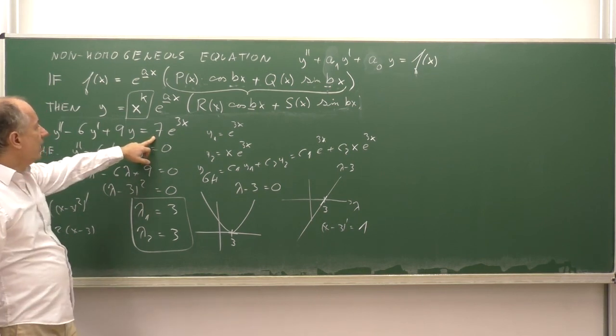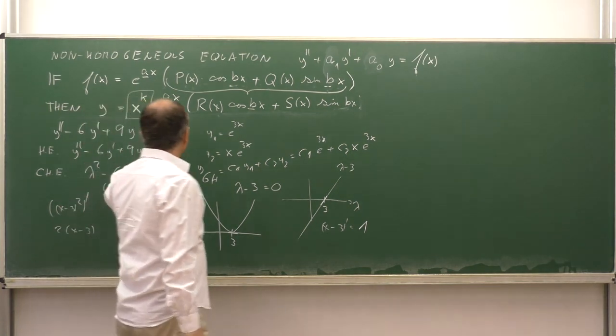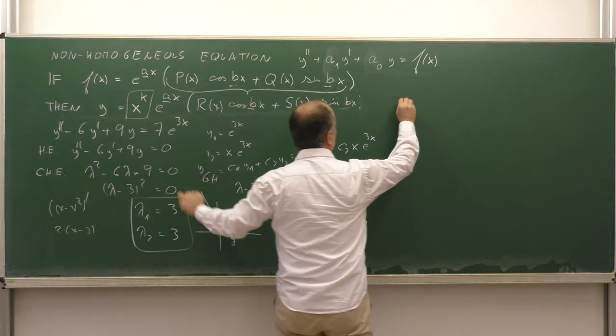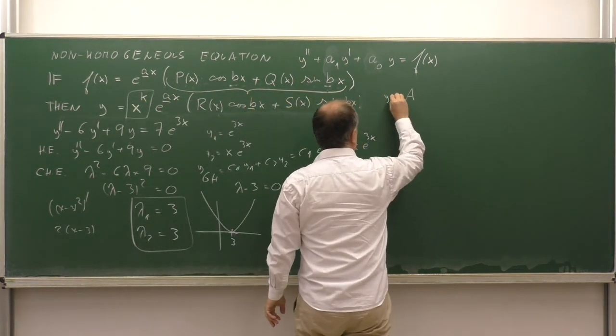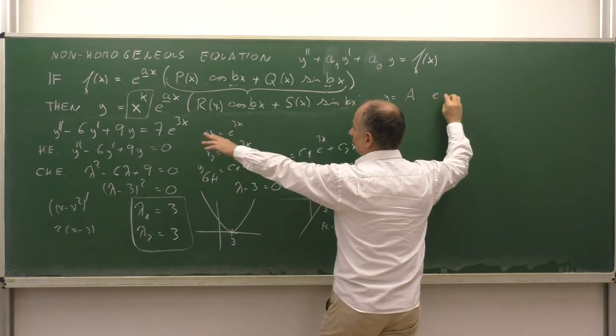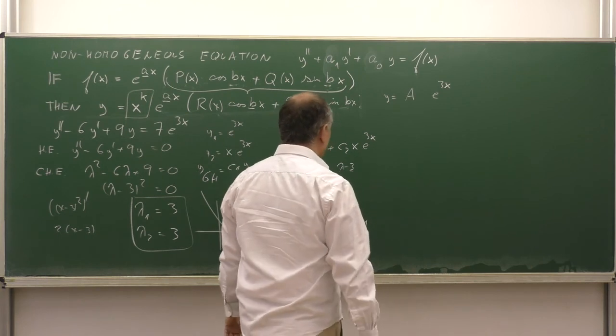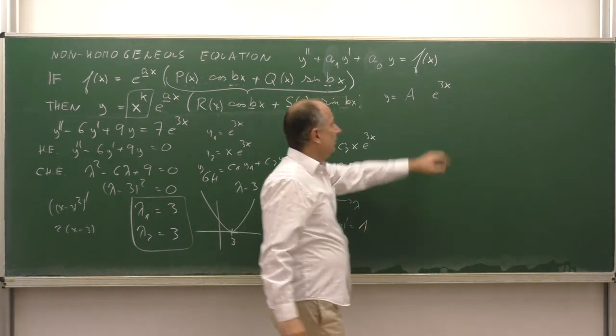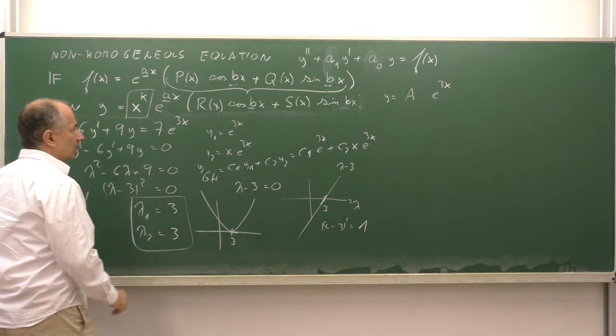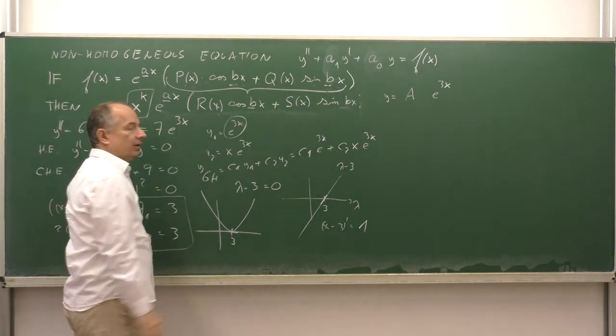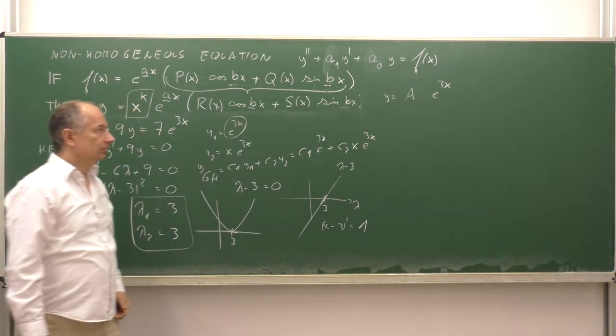Well, the wrong way would be to assume the solution in the form a e to 3x. But this is not good because e to 3x solves the homogeneous equation.